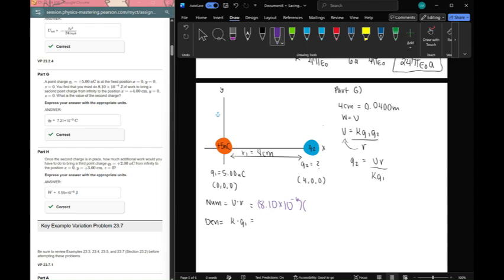not Q1, I meant R. R is distance, and we know what R is. It's 4 centimeters, but we convert it into meters. And then now we're going to do K times Q1, and we know what K is.